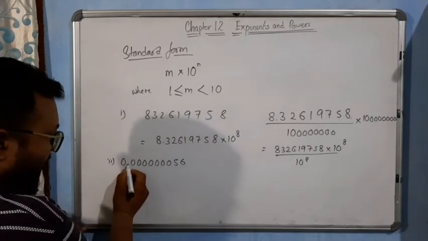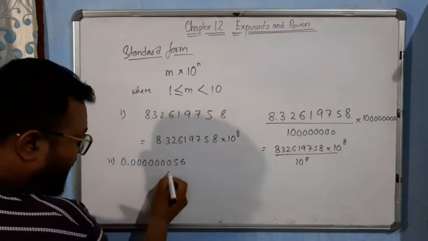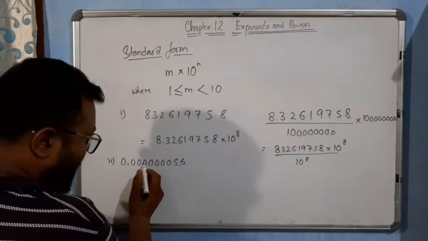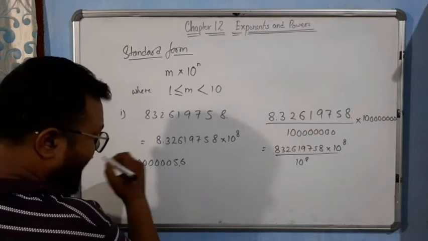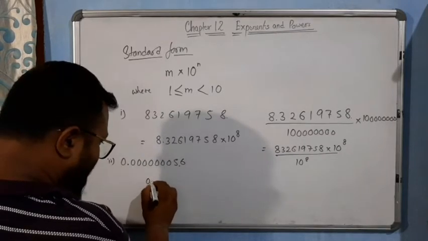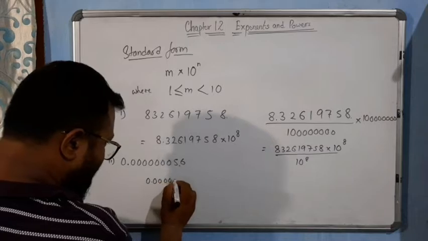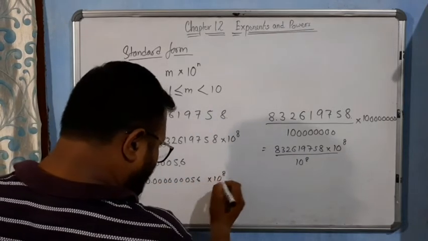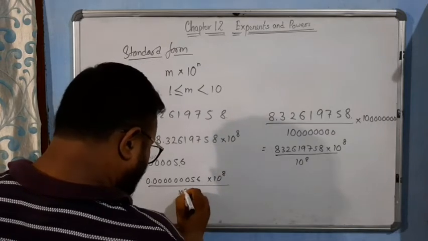So we have to shift this decimal to this place. How many places do we shift? 1, 2, 3, 4, 5, 6, 7, 8. So let's take 0.00000056 into 10 to the power 8 divided by 10 to the power 8.